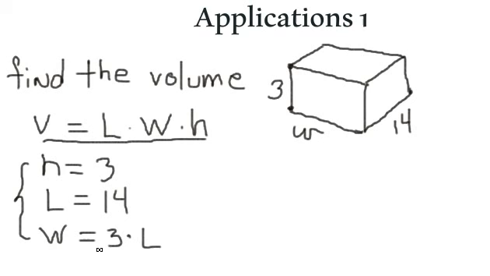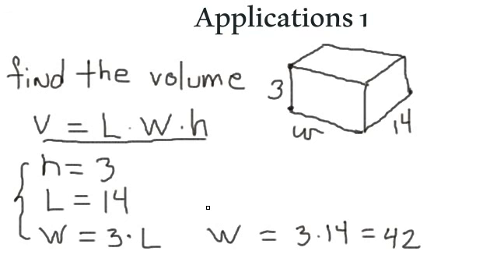The width is what we don't know, but we've got a relationship between the width and the length, and that is that the width is 3 times the length. So we can say width is equal to 3 times 14, and that's going to be 42.